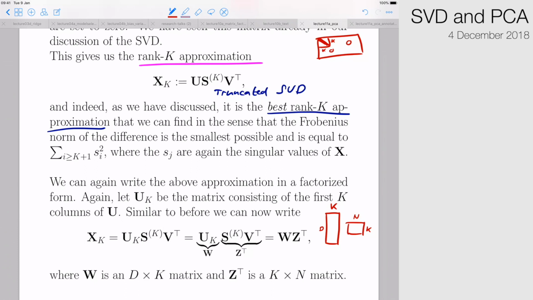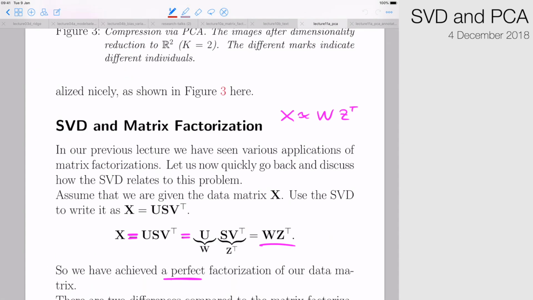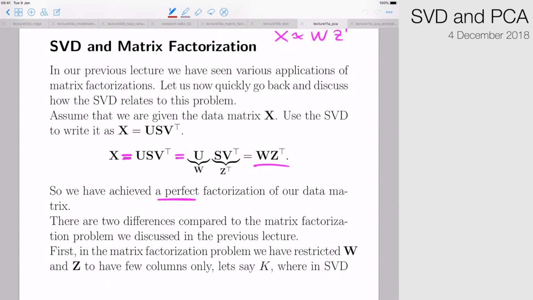So recall again, before we had a matrix factorization which was U is a square matrix, so this is a D by D and then D by N. So that's not so nice, right?